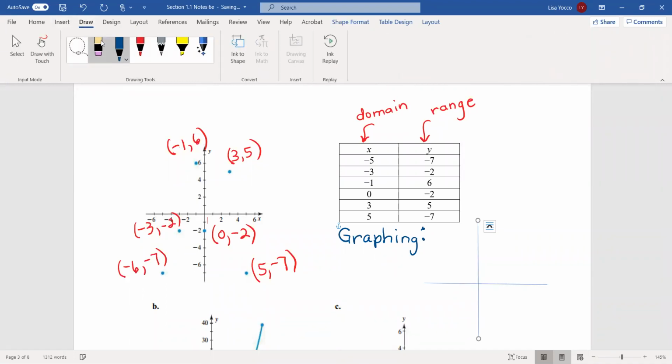And also, let me say, for the way that the textbook is set up, we're working in chapter 1, in the first section. At the beginning of each chapter is something called the algebra toolbox.